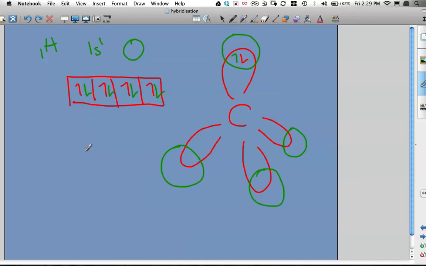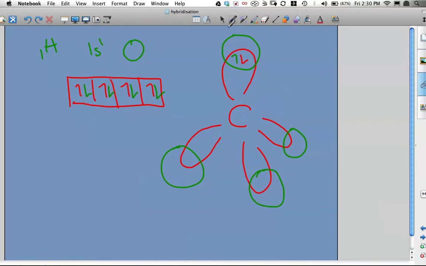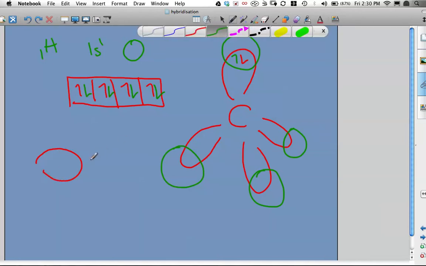Now the single covalent bonds are formed by direct overlap of the orbitals. Direct overlap of the sp3 orbital and direct overlap of the s orbital from hydrogen. So if this is the sp3 orbital and this is the s orbital, and they just overlap directly.